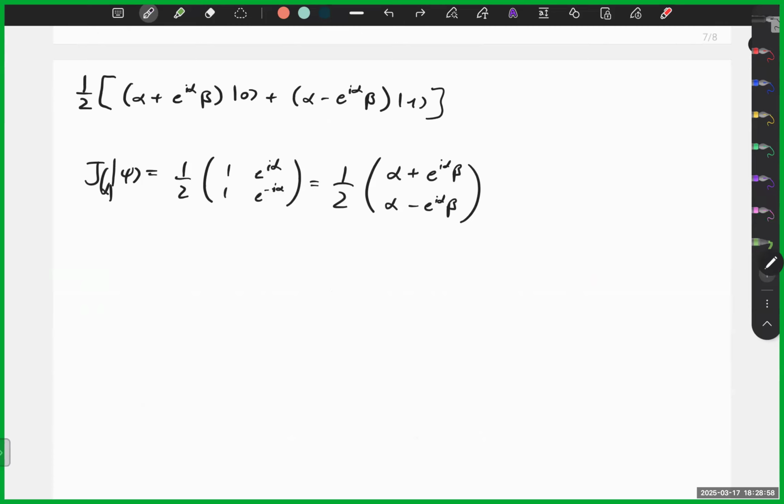Yeah, so which means that in our computation model, all single qubit unitaries are realizable.